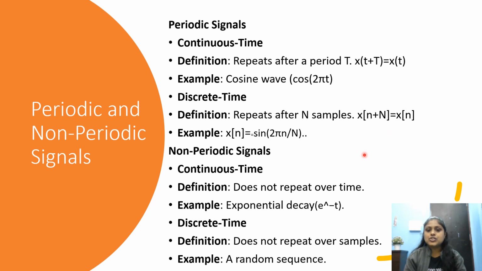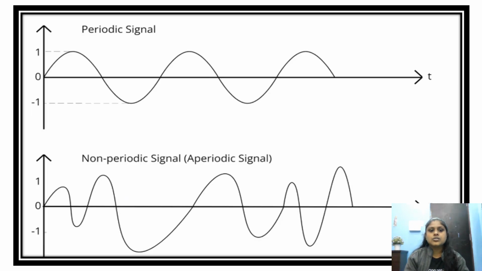For example, x of n is equal to sin 2 pi n by N. Non-periodic signals in continuous time do not repeat over time, for example exponential decay, e power minus t. In discrete time they do not repeat over samples, for example a random sequence. This is how the graphical representation of periodic and non-periodic signals looks.